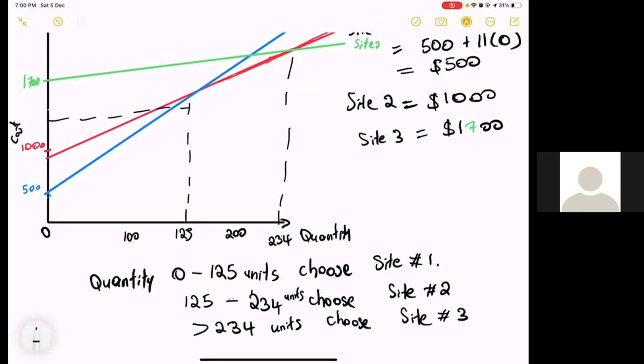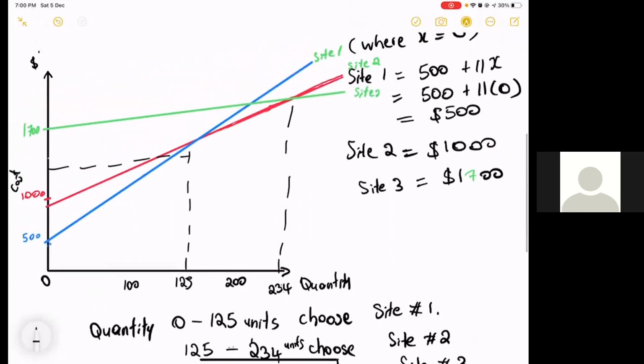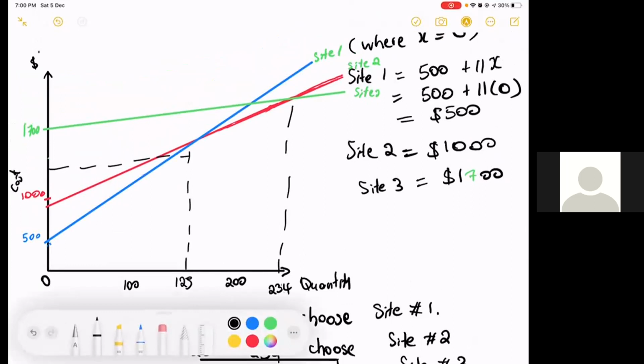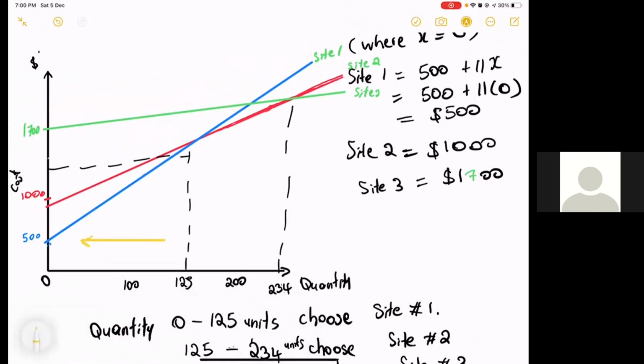So yeah, Ronaldo is right, because naturally we don't want to spend a lot of money. So we will choose a site that will have the lowest cost based on the amount that we're producing. So if we look here, between 0 and 125, we see that the blue line is actually at the bottom.